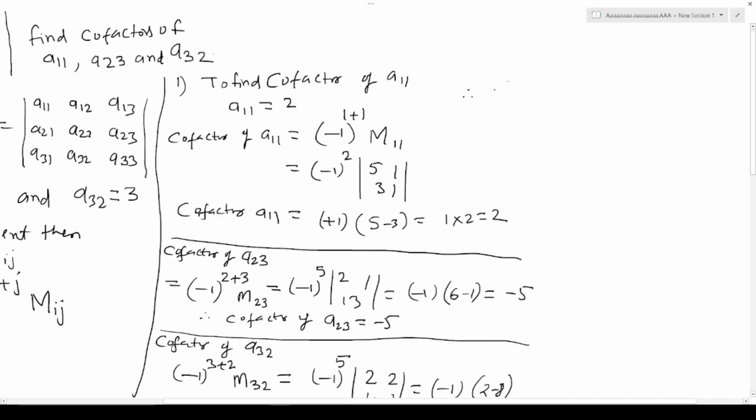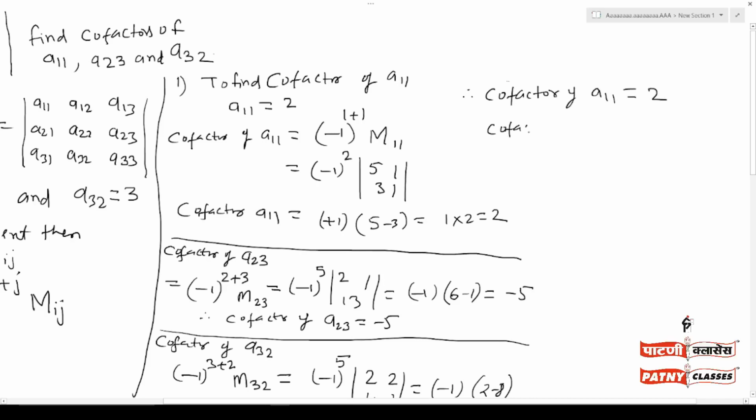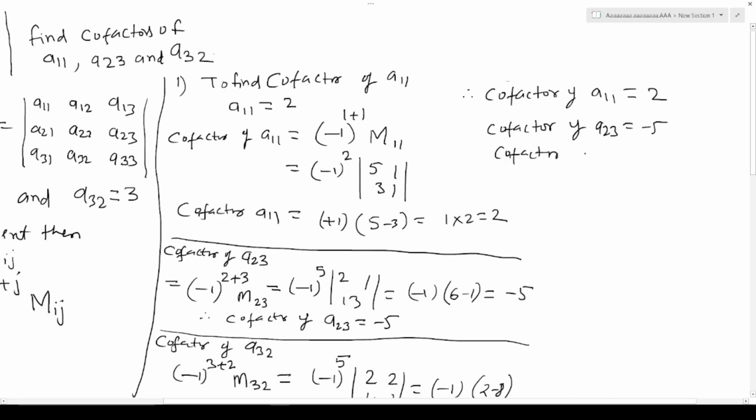Therefore, cofactor of A11 equals 2, cofactor of A23 equals minus 5, cofactor of A32 equals plus 6. This is the way we can find out cofactors.